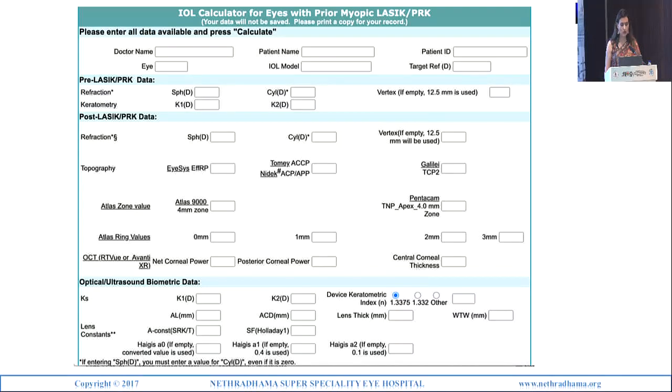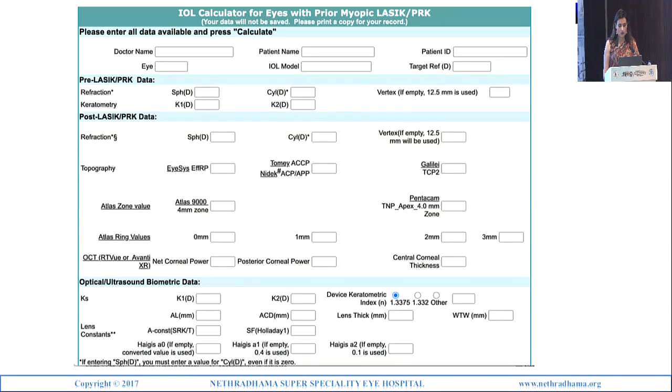So you just need to enter the pre-op LASIK data if it is available. Even if it's not available, you can just put in all the ultrasound biometry data which is there in the lower part. And if you have a topographer, then it incorporates various topographers as well, such as TOMI, Galilei, ISIS, Atlas, and Pentacam.